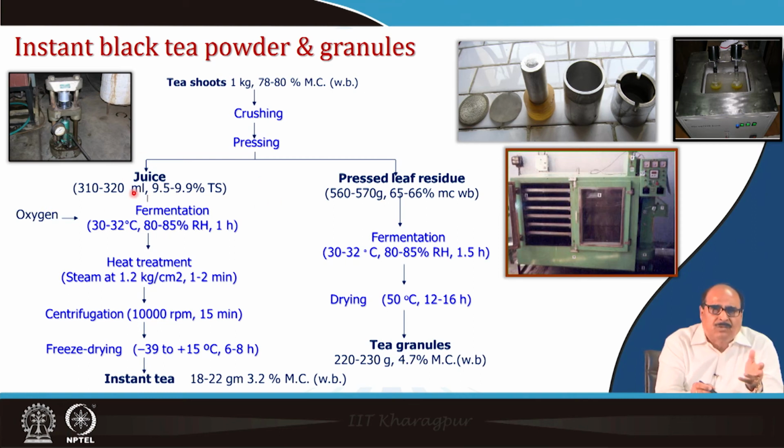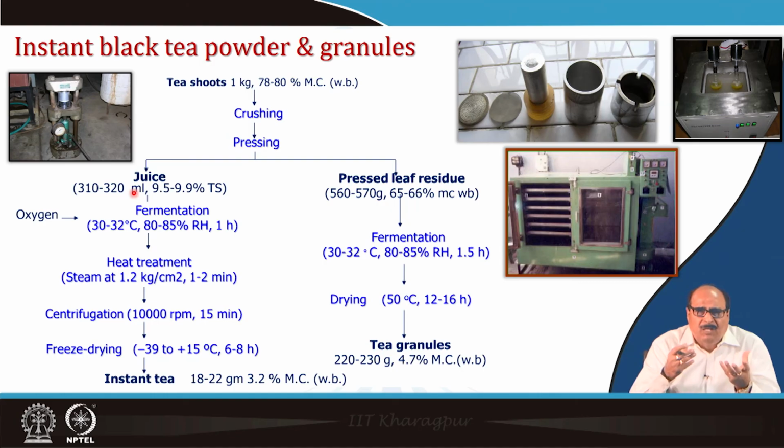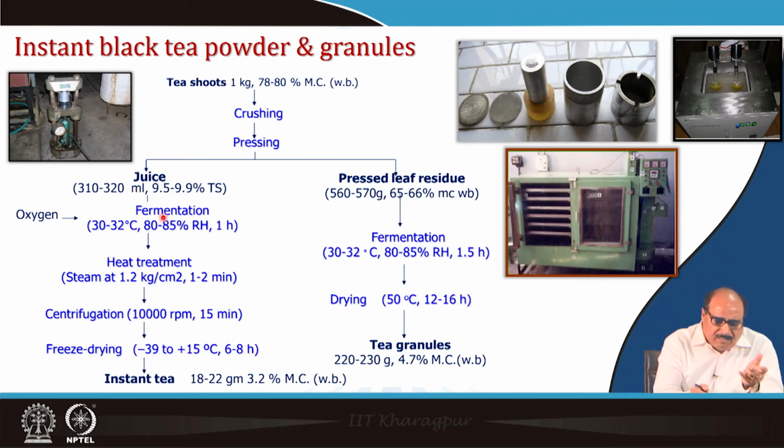So we get juice, approximately half of the juice with the water-soluble components, and the remaining half we leave in the pressed leaf. This liquid is put to fermentation where oxygen supply is given. Then it is given some heat treatment to stop the fermentation process. After the fermentation is complete, it is centrifuged and freeze dried, and we get instant tea.